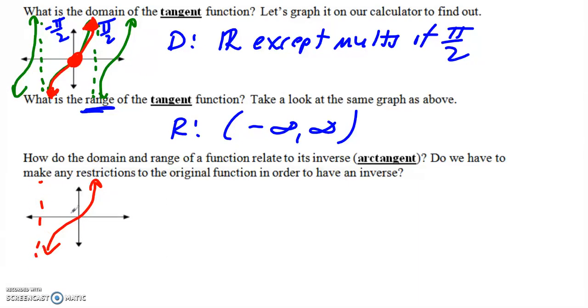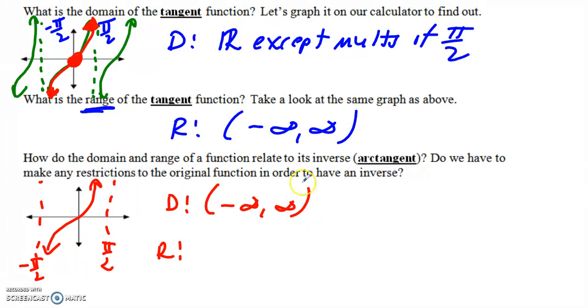And if you remember from the earlier part, you can't have any multiples of pi over 2, which means if you want to find the domain and range, your domain is based on the range of the original, so it's still -infinity to positive infinity, so your domain is not restricted. Your range, however, is stuck between -pi over 2 and pi over 2, just like the sine function.